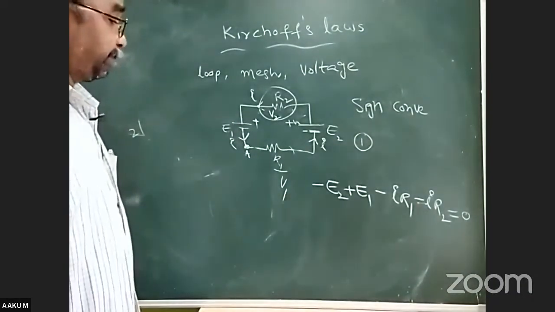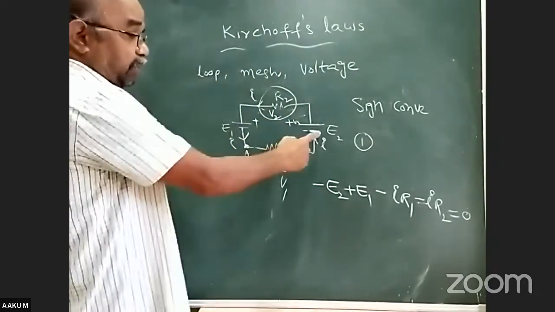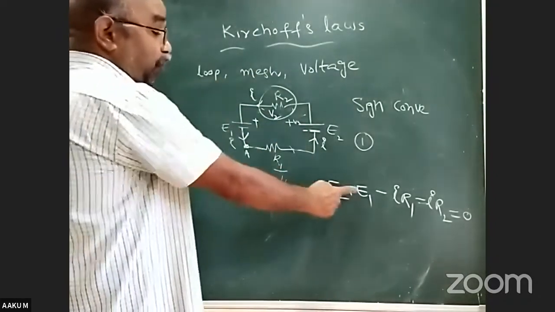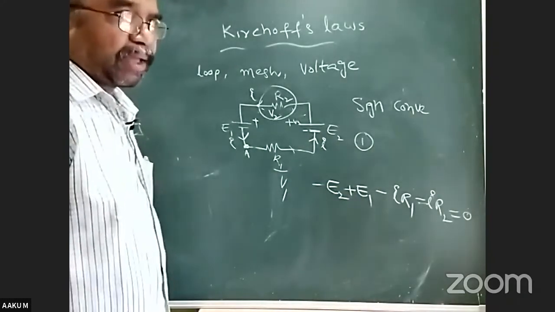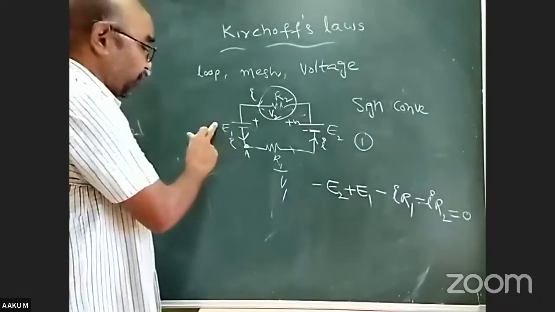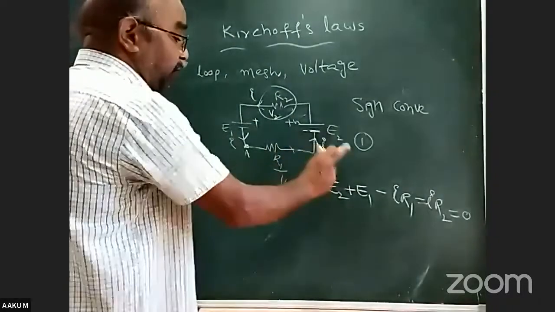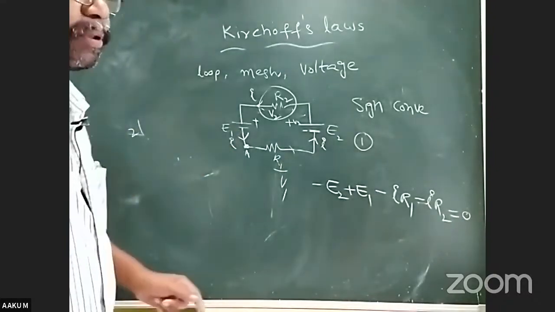So once again, in the circuit there are two cells, so two electromotive forces are there. A cell supplies chemical energy to drive the electrical charges. The electromotive force here is E1, here is E2. How to take a sign for those electromotive forces?